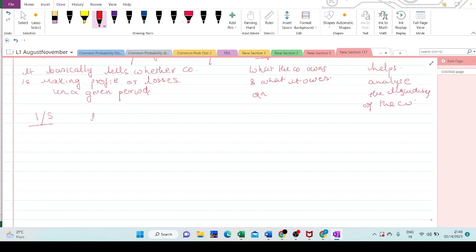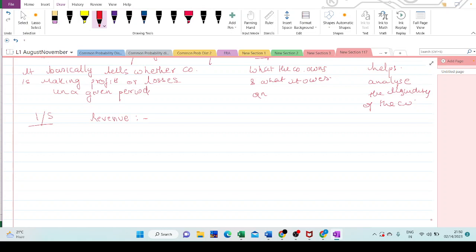So what is revenue, guys? How would you understand revenue? Sales. Yes, it's the amount of income generated through sale of goods and services. Please write this down. And what is expense?